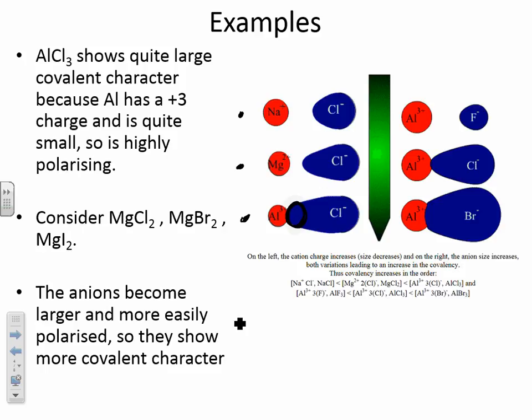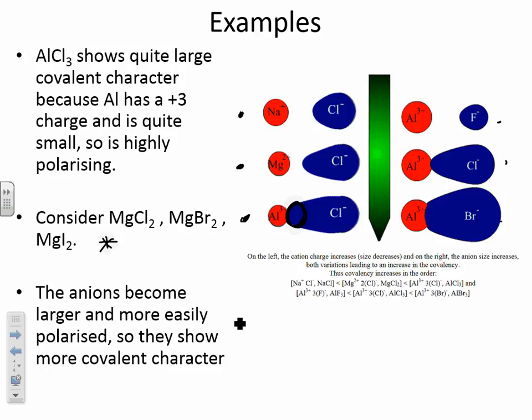Similarly, if you look at aluminium fluoride, aluminium chloride, aluminium bromide, you've got a similar sort of pattern going down there. The aluminium stays the same, so there's no difference in the charge on that, but I just realised I've got a different comparison over here for magnesium halides.